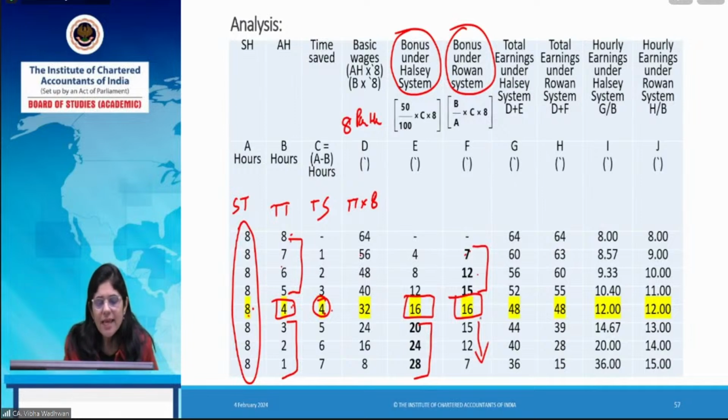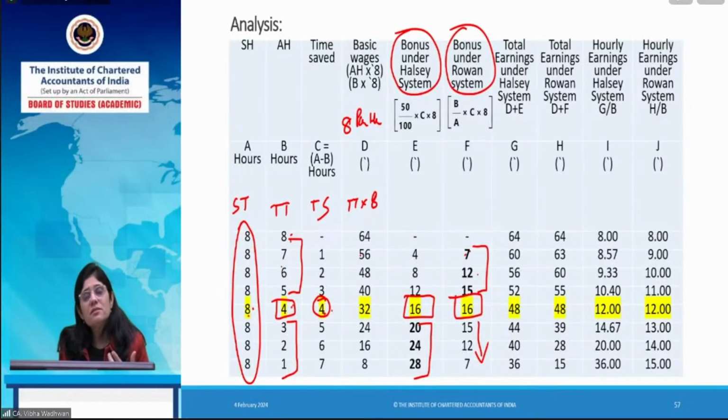Clear? Then Halsey is giving you better earnings. So again, the organization has to decide. If there are moderately efficient people, not very efficient, then the Rowan scheme is better, because crossing 50% will be difficult for them, right? So in a moderately efficient workforce, the Rowan scheme is better because they will end up getting more earnings. But where there are highly efficient people in the organization, the Halsey method is better, because if they are taking less than 50% of the time, clear?